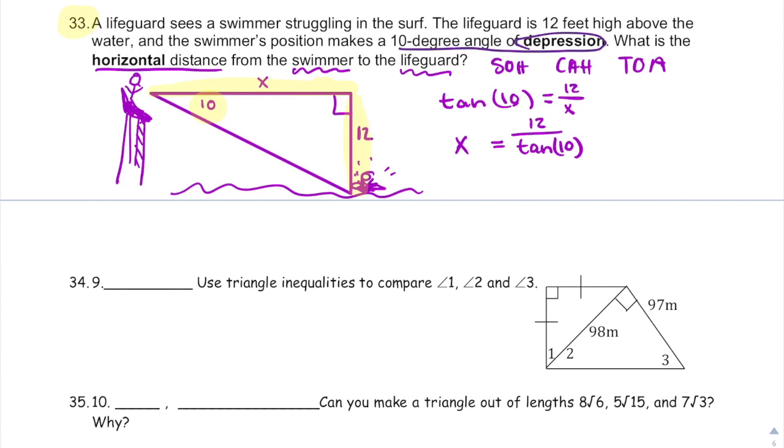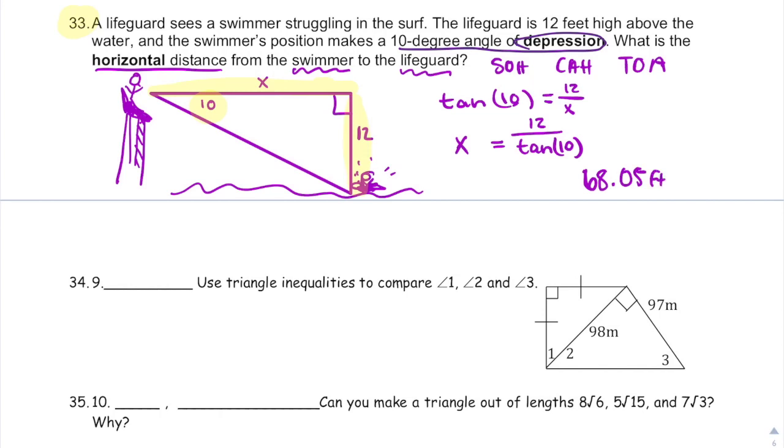So we put that in our calculator. 12 over tangent of 10 is 68.05 feet.